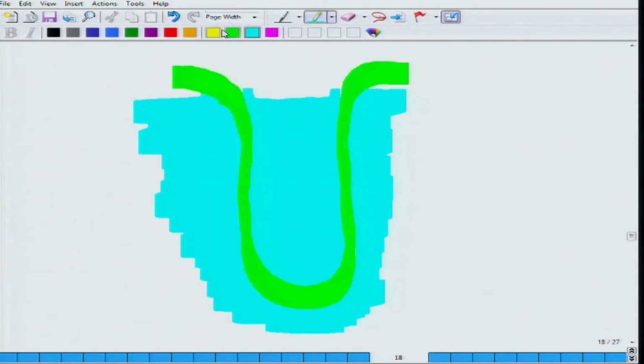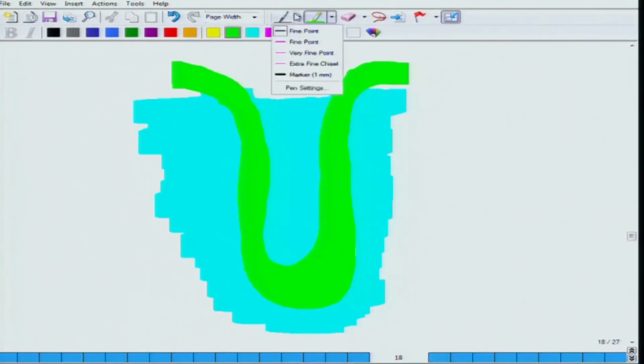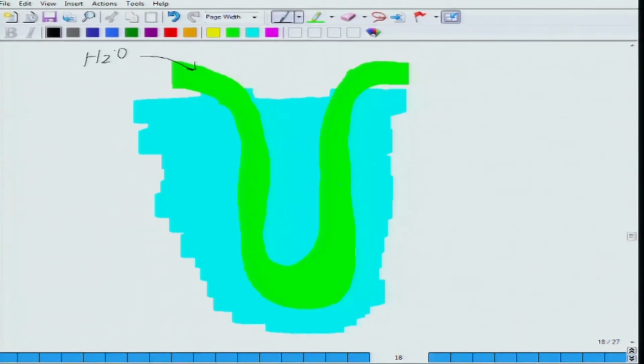Fine. Let me redraw this part. Okay, coming back. Now, here you have water moving. So, this is the counter current loop of water, and the values being shown are the osmolarity values.